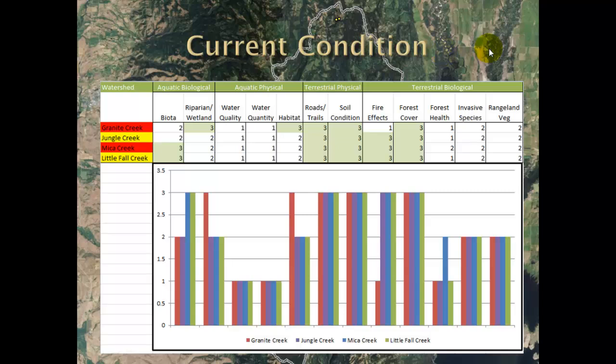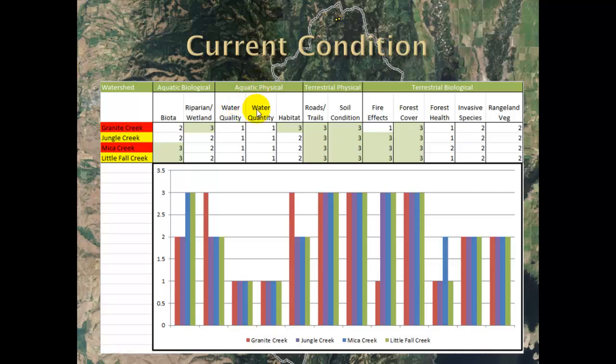I think both Melanie Vining in past presentations and also Lee Bailey on the New Meadows District have described the 12 indicators used for the watershed condition framework. The 12 indicators are along the columns here at the top. They are grouped into 4 ecological processes. Over on the left, the aquatic biological includes two different indicators, biota and riparian wetland vegetation.